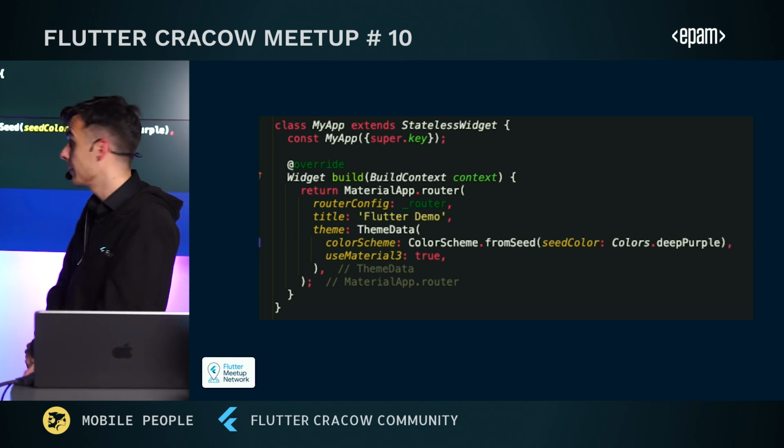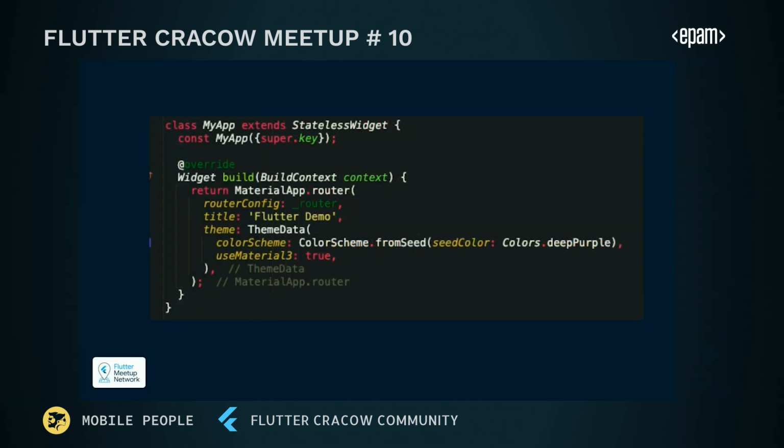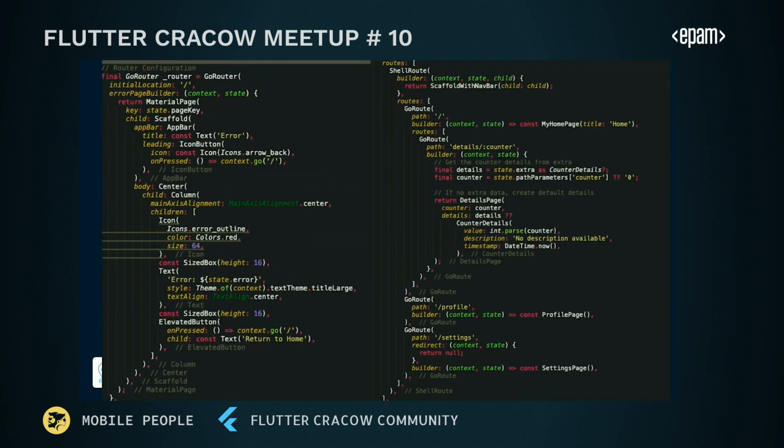So, a small example of this Go router. Probably more people are using the Go router than Flutter Web because on mobile it's being used as well, but I will just show around. You can see this very simple example. You can have the error page builder for when something goes wrong, or you can have the shell route on top. Define the widget, which is the scaffold with navbar.